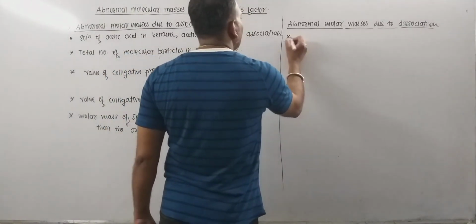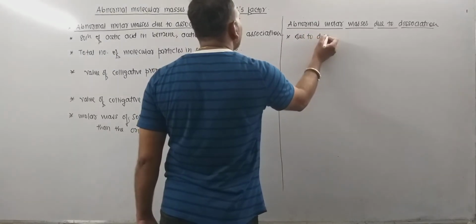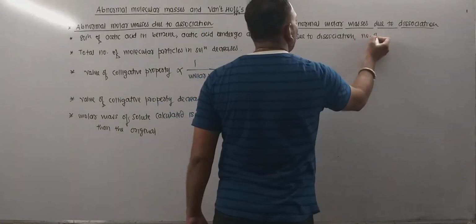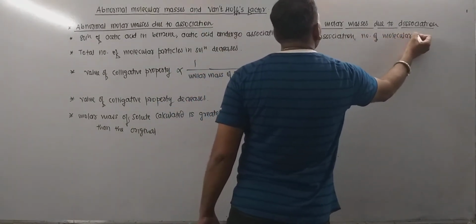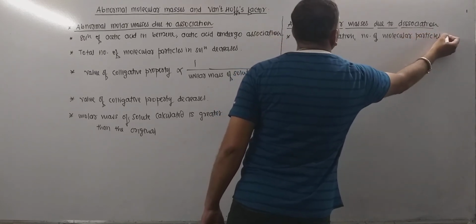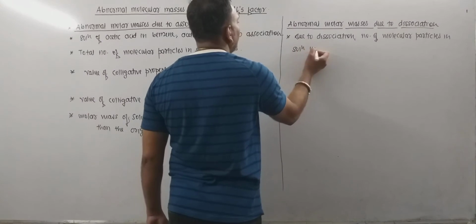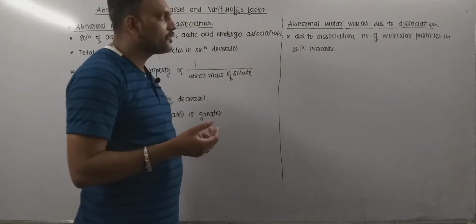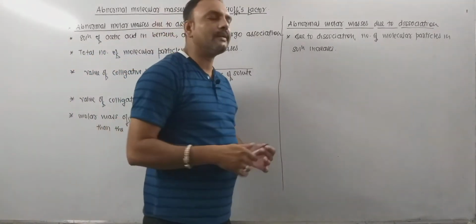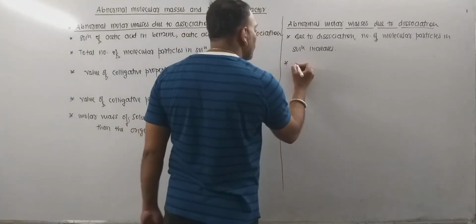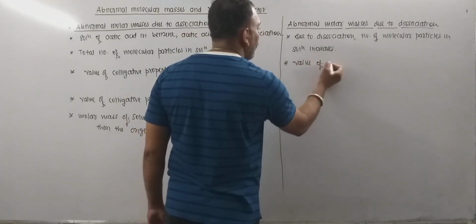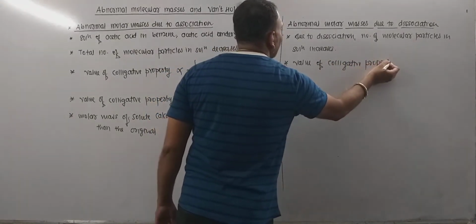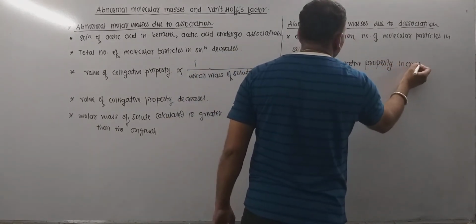Due to dissociation, number of molecular particles in solution increases. So due to increase in number of particles, value of colligative property also increases.